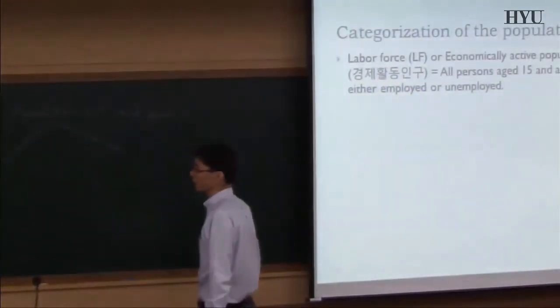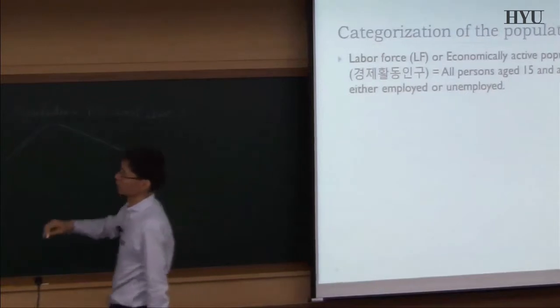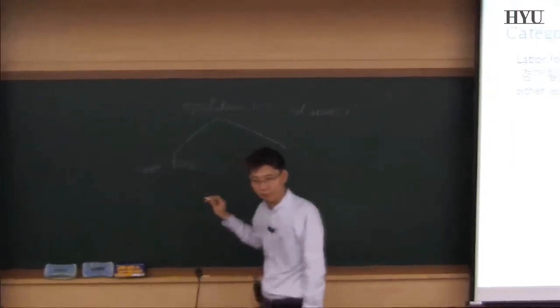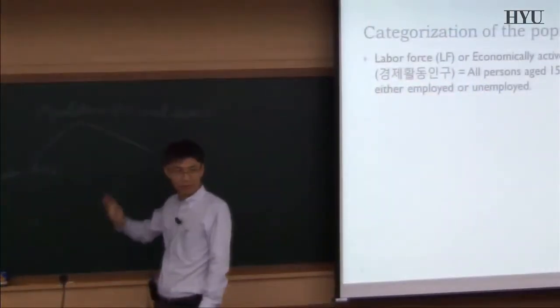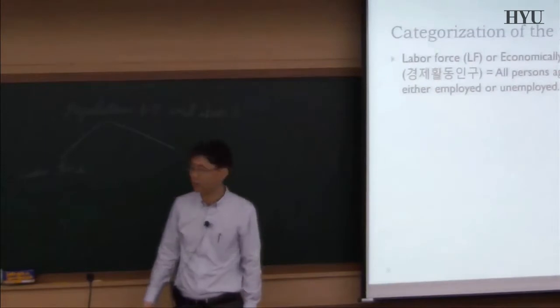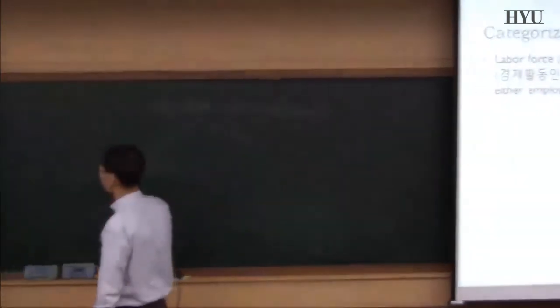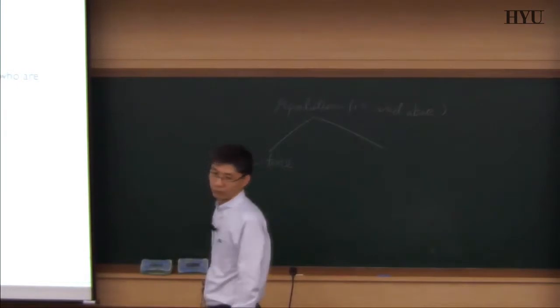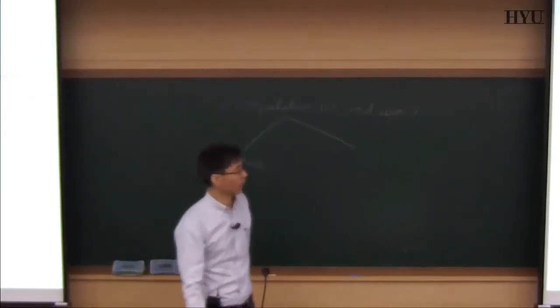There are 2 categories. The first category, as you see here, is called the labor force. The other category we will talk about in a few minutes. The other name for labor force is economically active population.